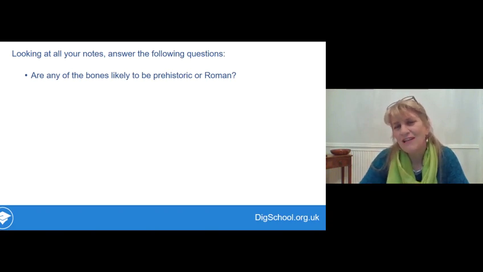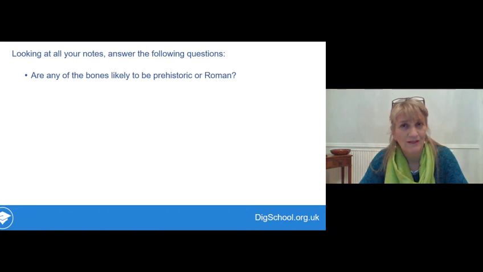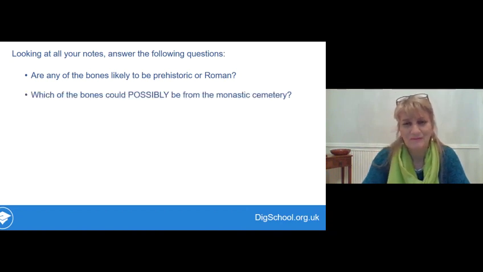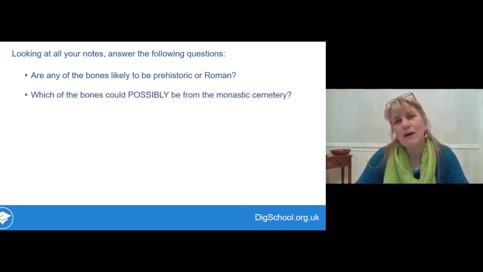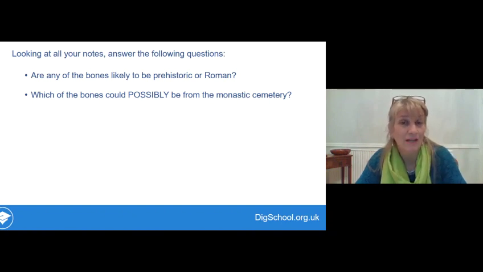So, are any of those bones likely to be prehistoric or Roman? What do you think? Which of the bones do you think could possibly be from a monastic cemetery? Which of them look as if they were actually buried?